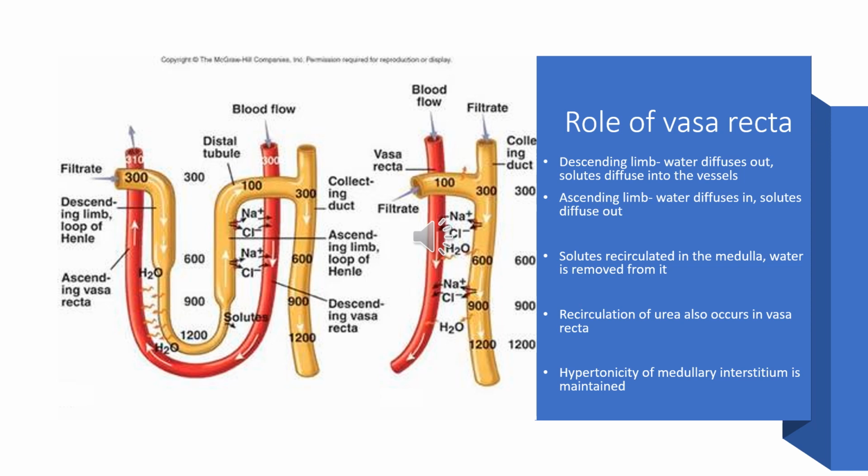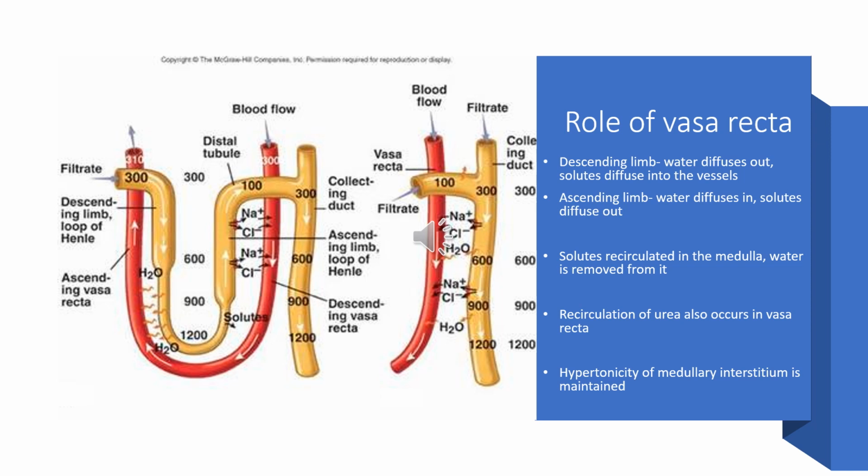Okay, so we can see that the tubular fluid, while it passes through the thin segment, some solutes are being passively added into the medullary interstitium, and while passing through the thick segment, solutes are reabsorbed by active reabsorption. And these solutes will enter the descending segment of the vasa recta, and by the time it reaches the ascending segment of vasa recta, it will diffuse back into the interstitium in order to maintain the osmolarity of the medullary interstitium.